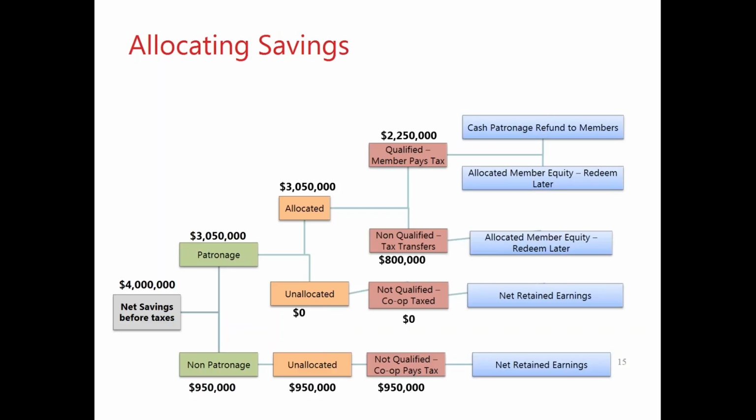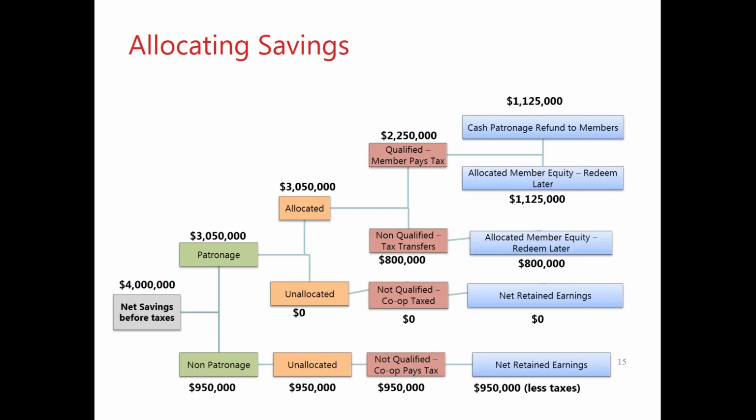So that's where we have this special tax implication coming in. Again, at the bottom there, the non-qualified, the co-op's going to pay the tax on. The $2.25 million, the member's going to pay the tax on, regardless of whether it comes to them as a cash patronage or whether it's allocated to them as equity that'll be redeemed later.